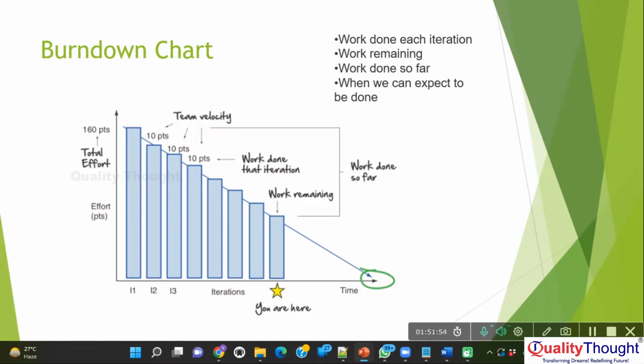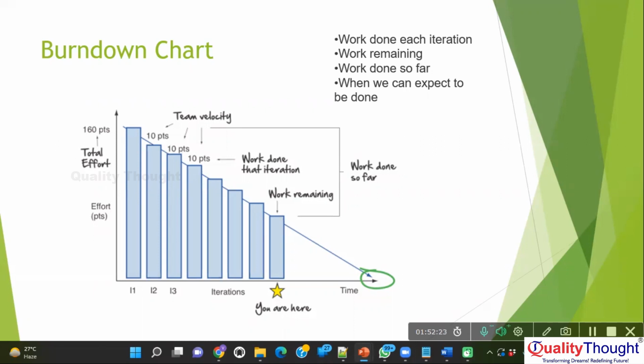How much time it has taken to implement that particular story, you will say, it took me 24 hours to implement that story. 24 hours means how many story points? 12.